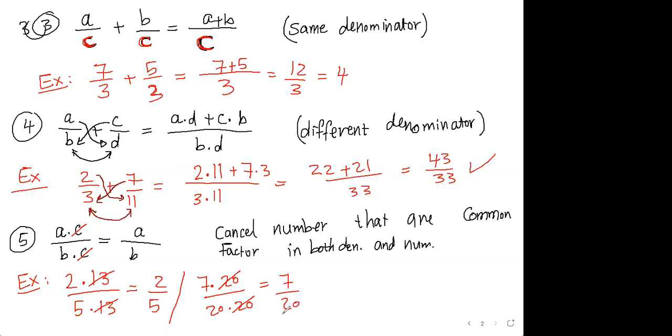Okay. Another example: 7 times 15 over 10 times 15. So I can cancel the 15 together and it gives me 7 over 10.